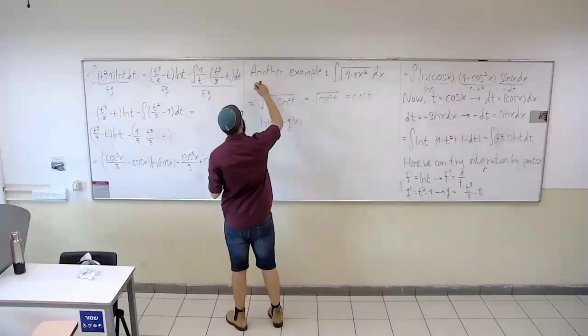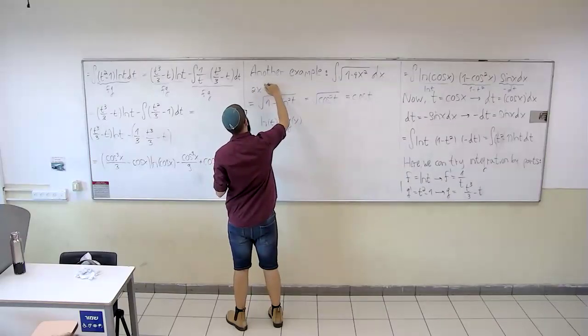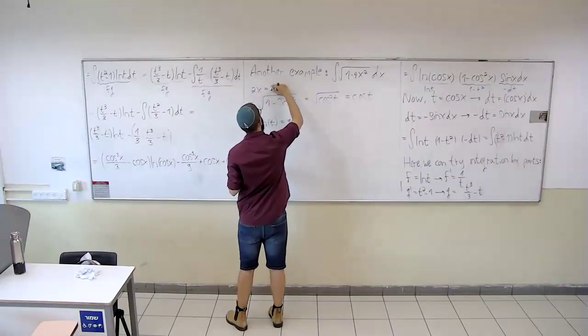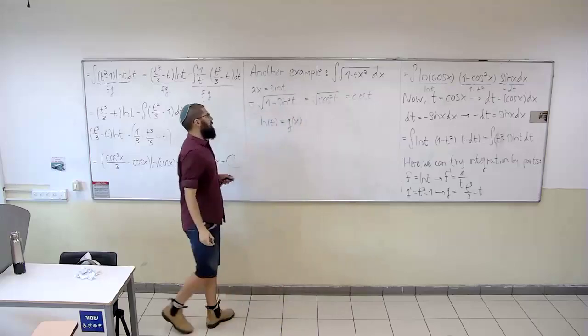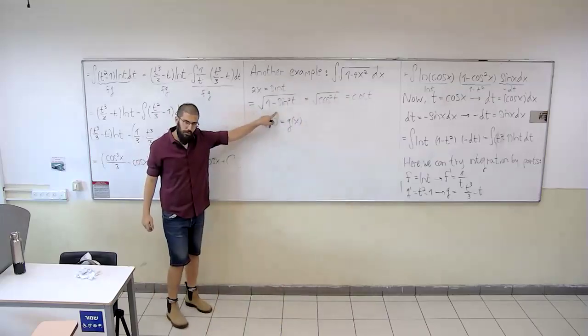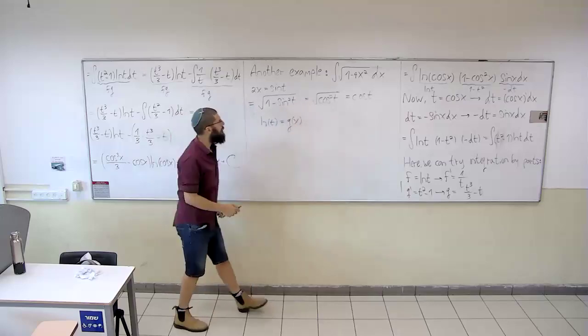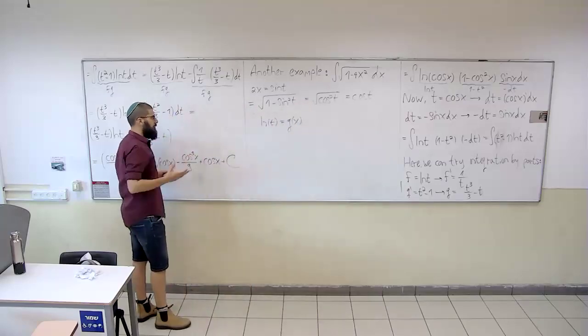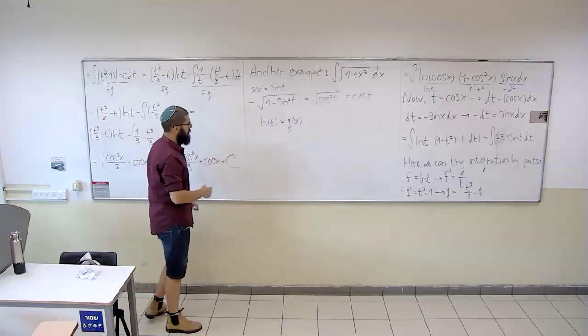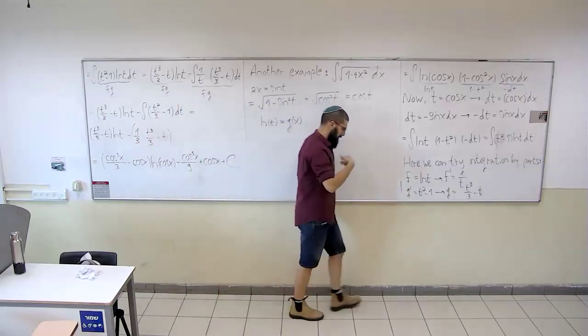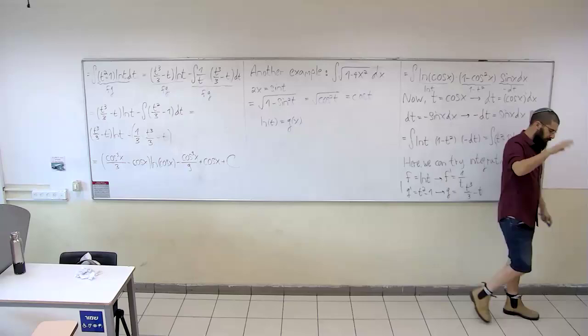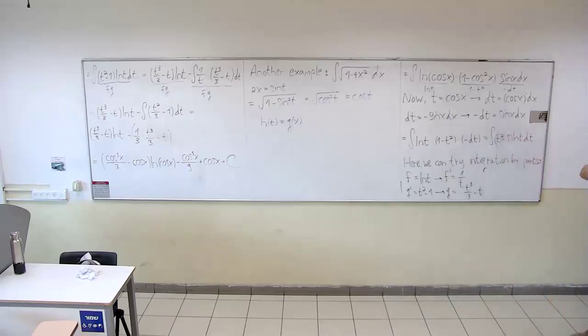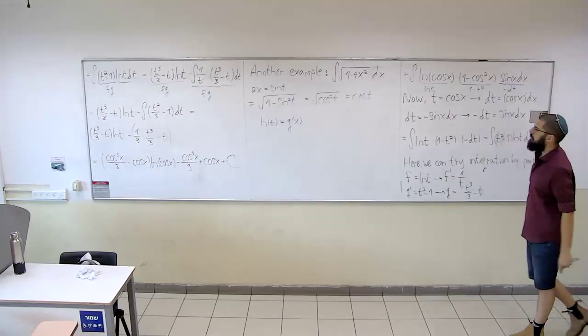So if we know how to substitute 2x with sine t, we'll get this one, which is solvable. So the general question is, how can we substitute an expression of x with an expression of t, and not just with t itself?